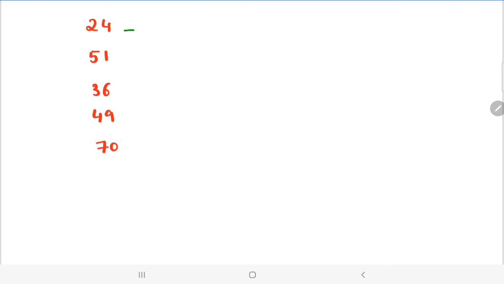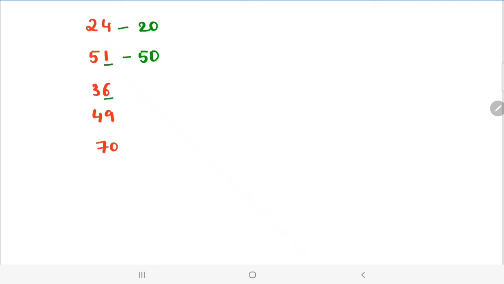Here we have 24. If you ask me to round off 24, then as 4 is in its units place, we are going to round it off to 20. If you have 1, then we are going to round it off to 20.